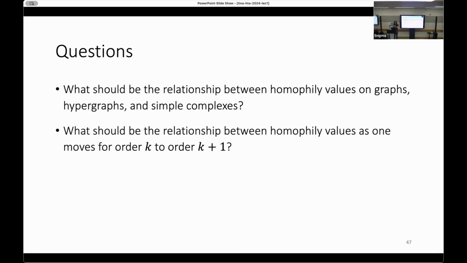For example, the homophily you get based on just dyadic representation should not be highly correlated with the higher order representation. And then the other question is, well, what should the relationships be when you go from a K order to a K plus 1 order? Should it be monotonic? We know that there are some impossibility results that the Veldt, Benson, and Kleinberg paper showed. But these are things that, in part, interest me in terms of which way we should go. Maybe there's no good answer.